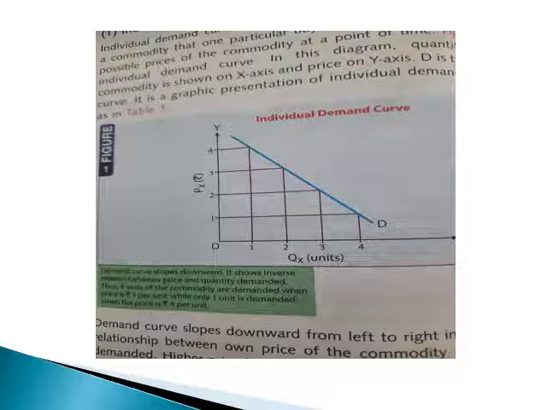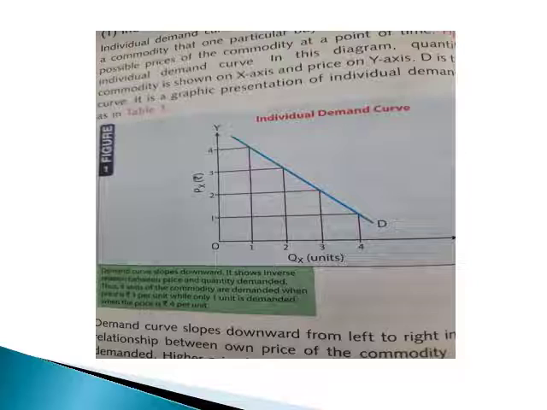So we have marked units of price 1, 2, 3 and 4, and in the same way the units of good X are also marked 1, 2, 3, 4. Now you look, when price is rupees 1 per unit, quantity demanded is 4 units. Price rises to 2, quantity falls to 3 units.